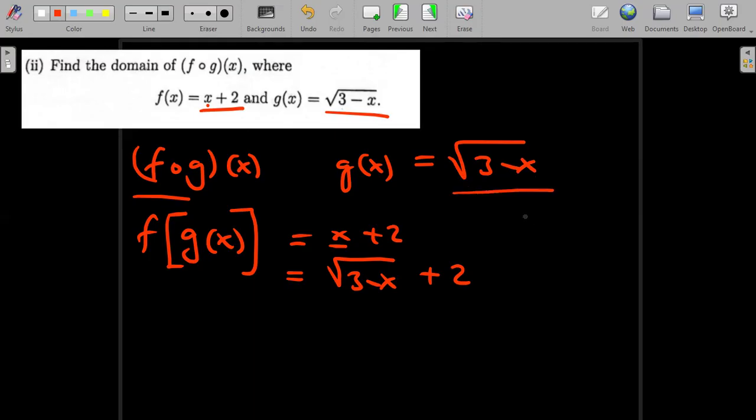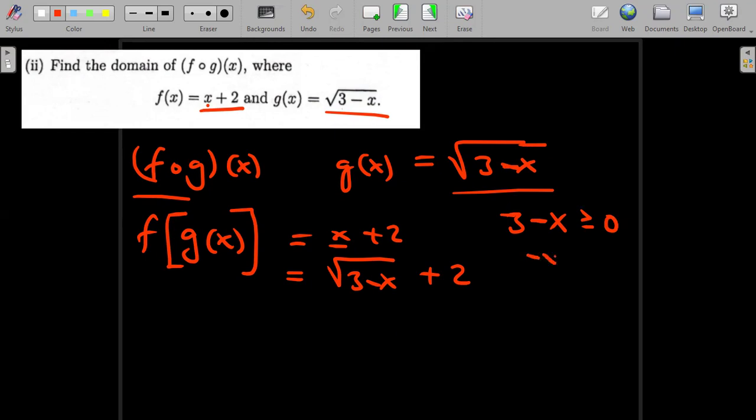So what will be the domain of this one? You always want to make sure that in here, what you're having, you're going to be having what? Positive values. So that has to be 3. You must only plug in values that are greater than or equal to what? 0. So the value should be greater than or equal to 0.